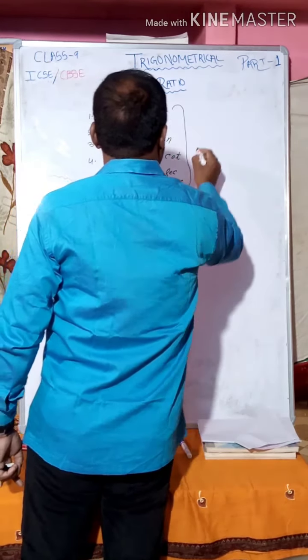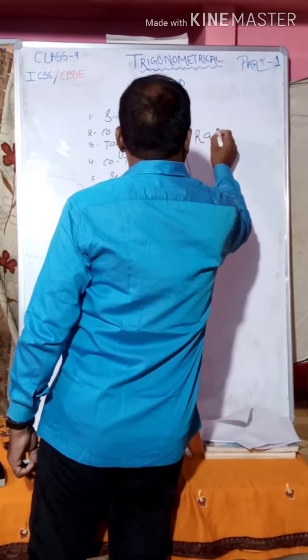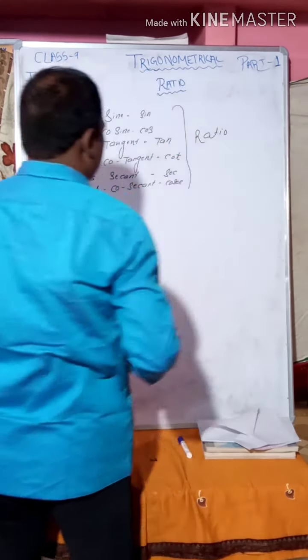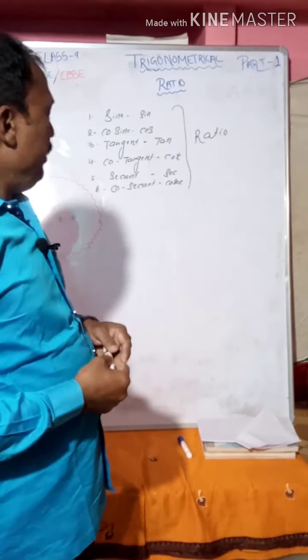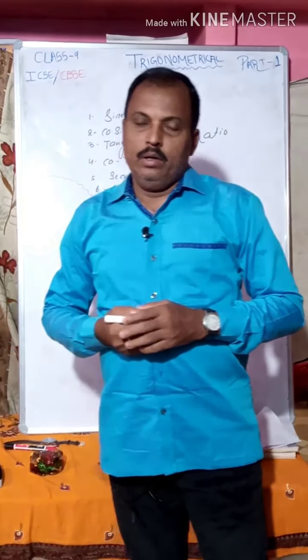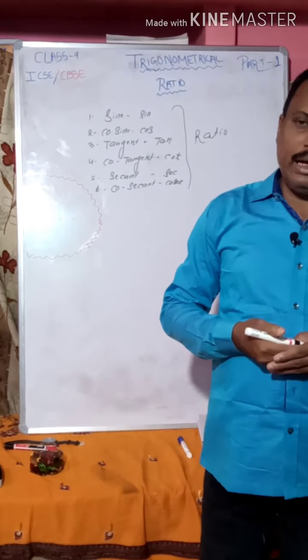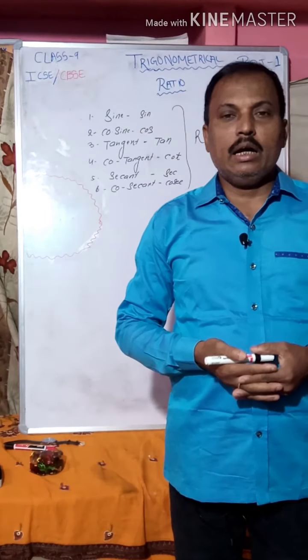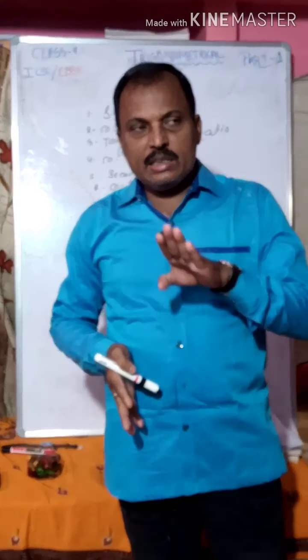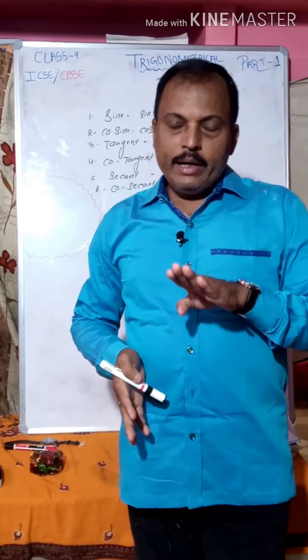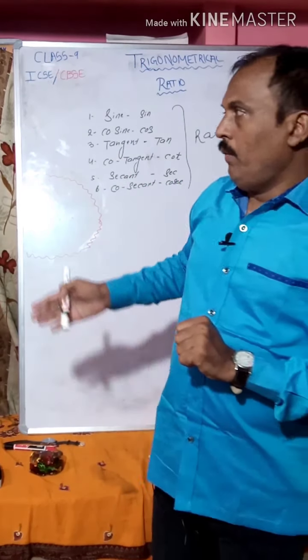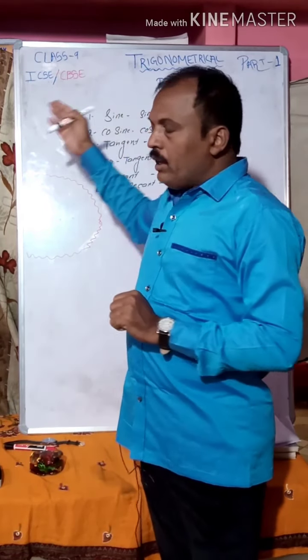All 6 are ratios, nothing else. Sine, cosine, tangent, cotangent, secant and cosecant are 6 trigonometrical ratios.